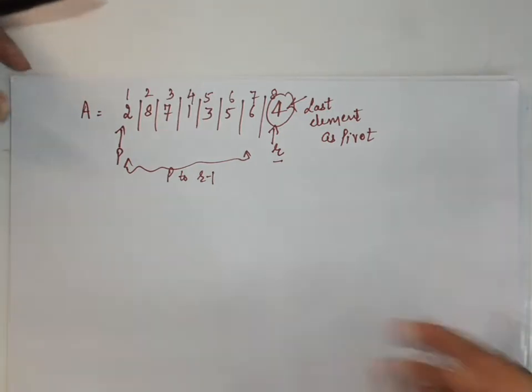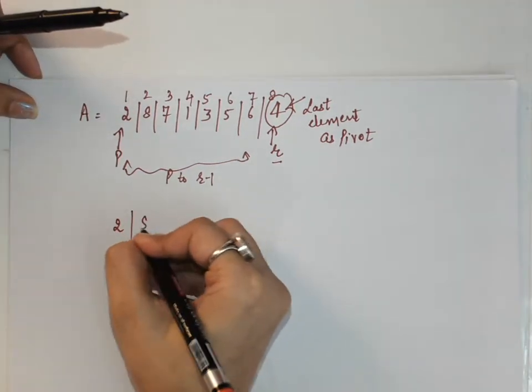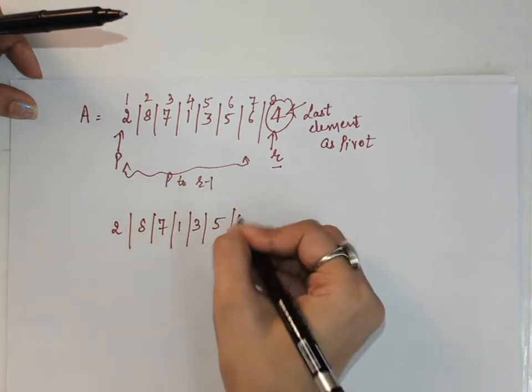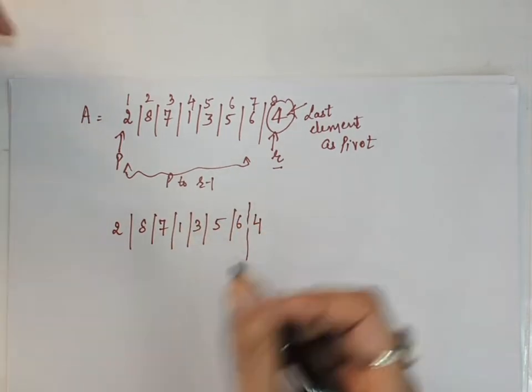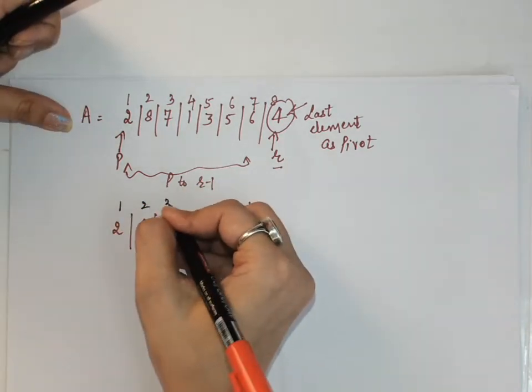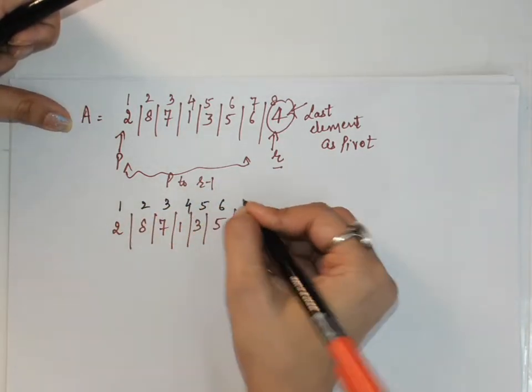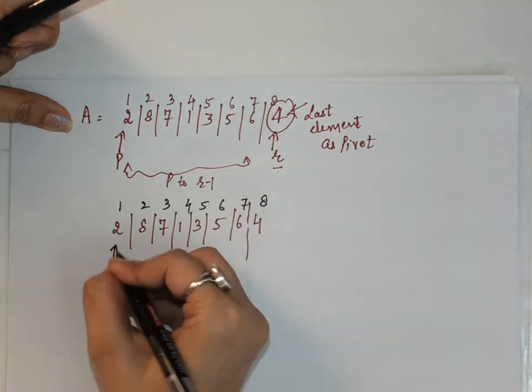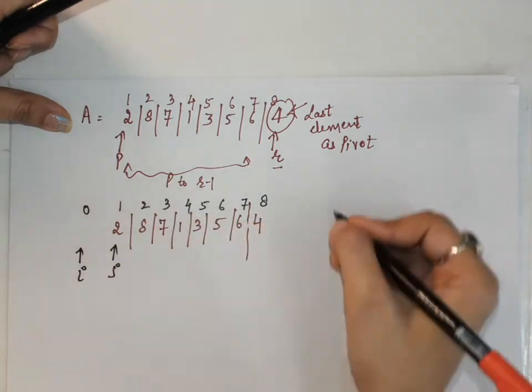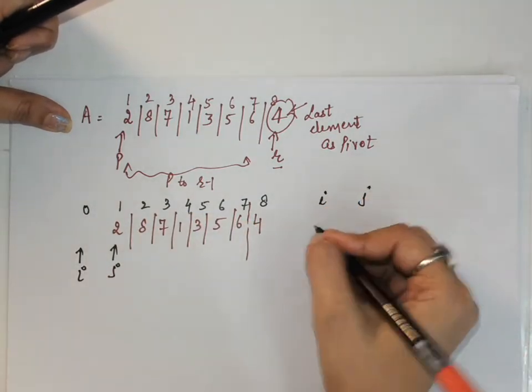So how does it work? I have taken two variables, i and j.